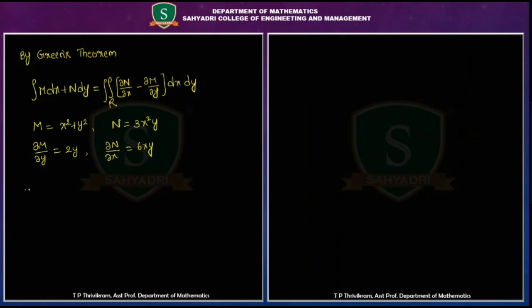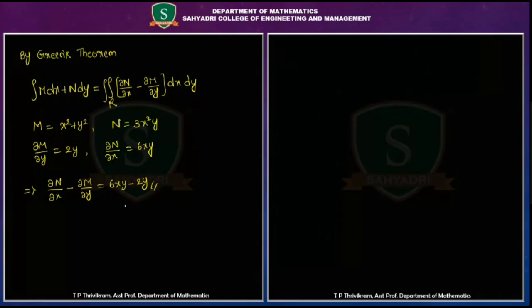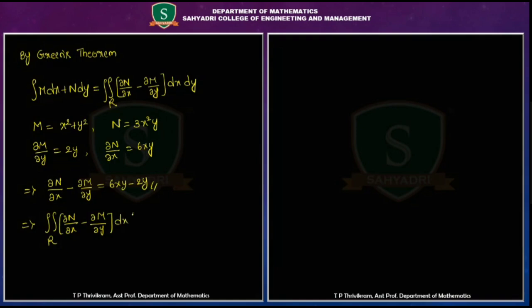So dou N by dou x minus dou M by dou y is equal to 6xy minus 2y. Now find the double integral of dou N by dou x minus dou M by dou y dx dy, which is the double integral of 6xy minus 2y dx dy. Now you need to find the limits.